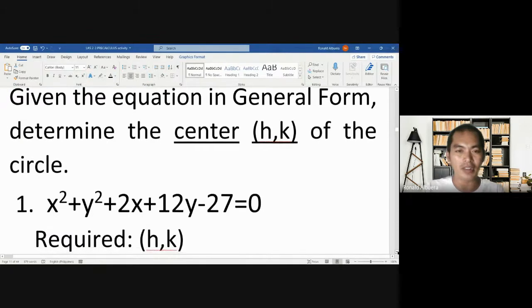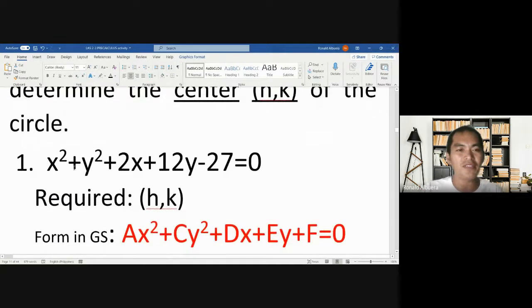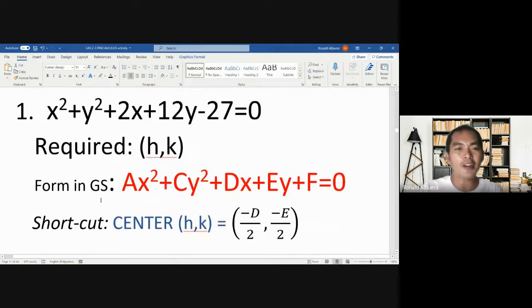For example, we have the given equation in general form, x squared plus y squared plus 2x plus 12y minus 27 equals 0. The requirement is the center represented by the coordinate (h, k). Now, the general form is represented by Ax squared plus Cy squared plus Dx plus Ey plus F equals 0.